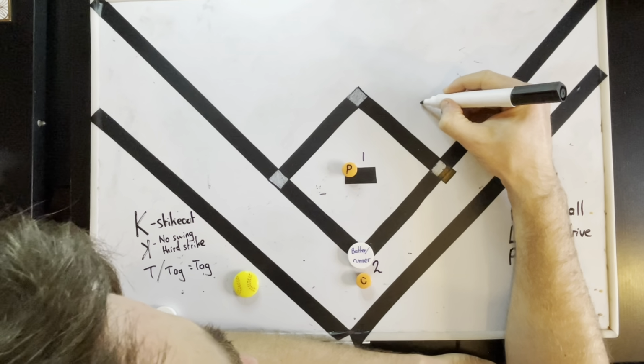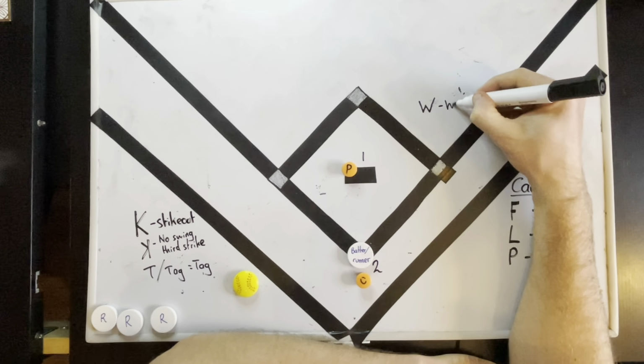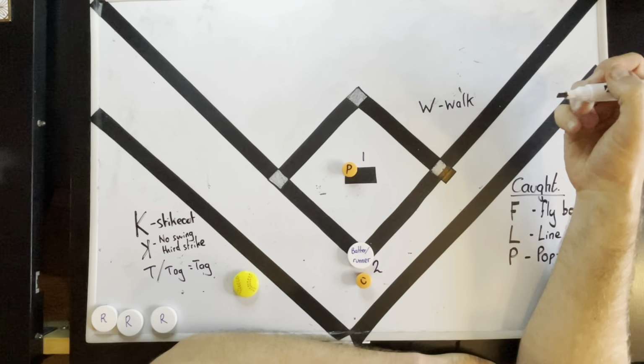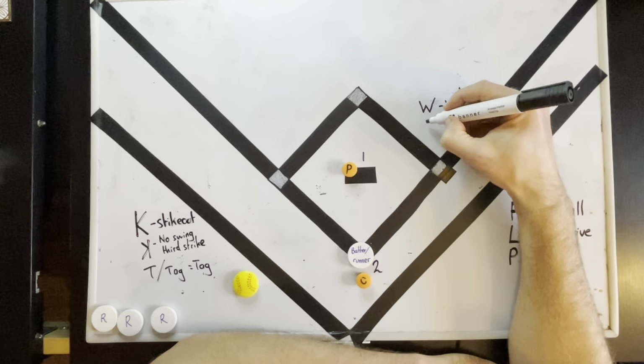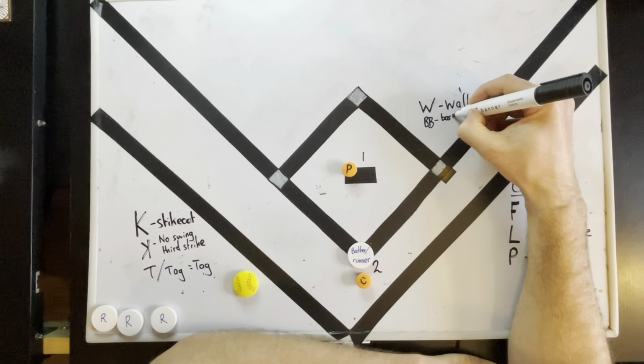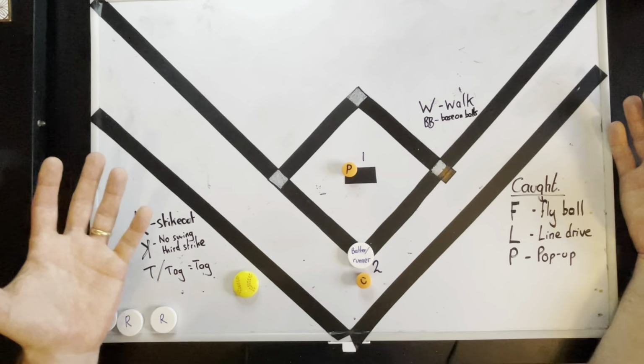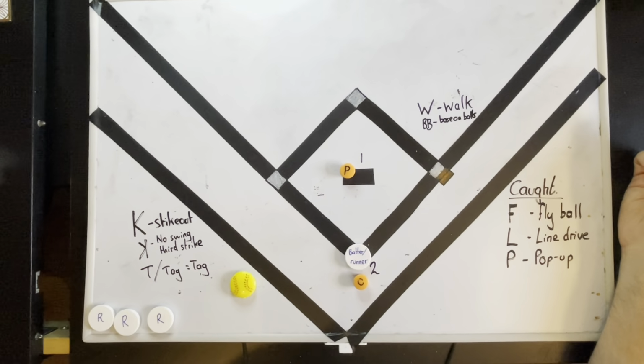And in slow pitch softball, you tend to get the letter W for walk, okay? However, if you're more into your baseball, you might see the letters BB, which stands for base on balls. So you reached base because of balls, you got to 4 balls.